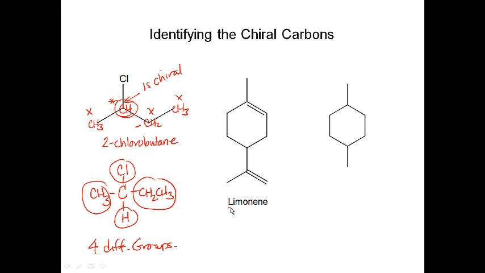Okay, this is limonene. That is a molecule that's found in orange peels. If you have any kind of citrusy drink or soda, it usually has limonene as a flavoring. Can you identify the chiral carbons in limonene? Well, here's what I'm going to do.